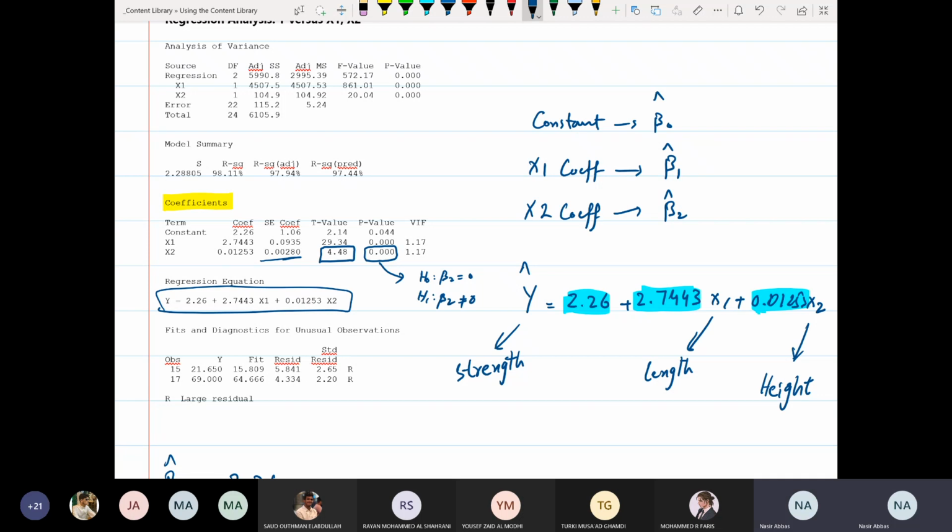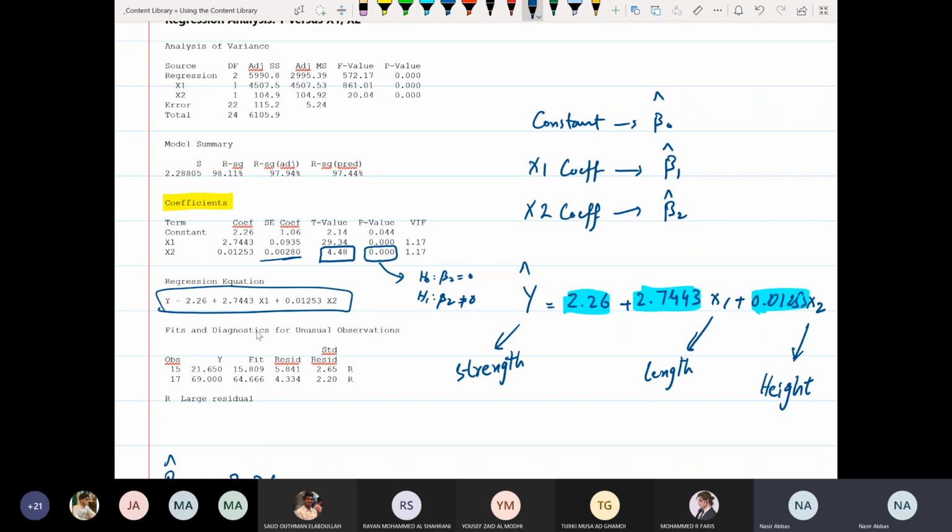Now a question. Is x2 a significant variable or insignificant variable in predicting y? Significant variable. It is a significant variable because the p-value is 0. The p-value is small.